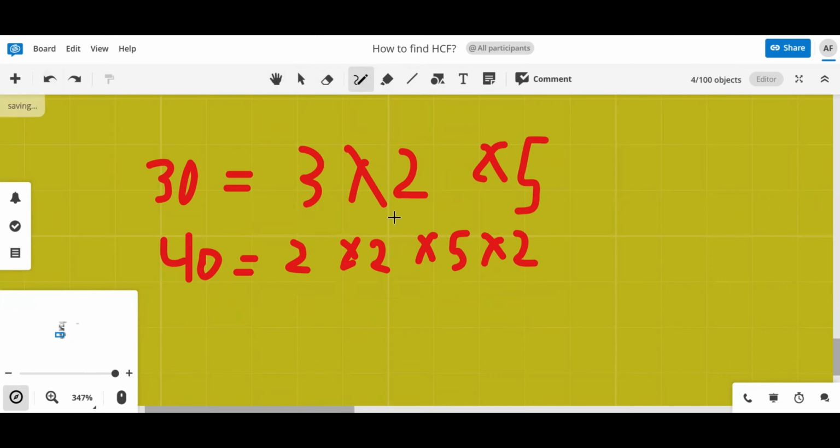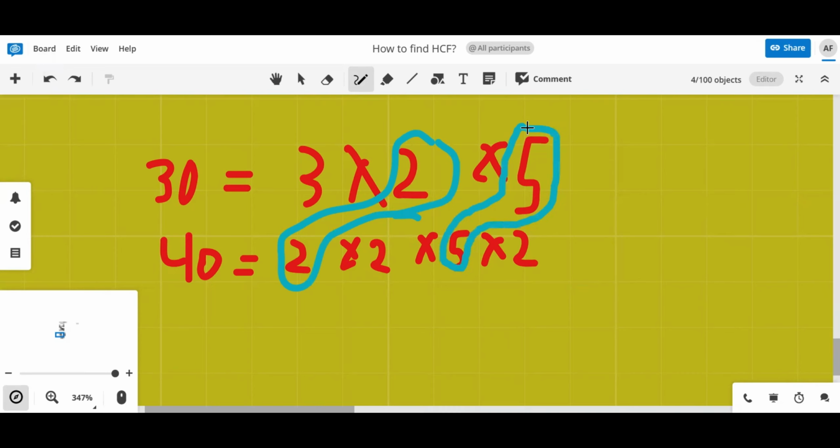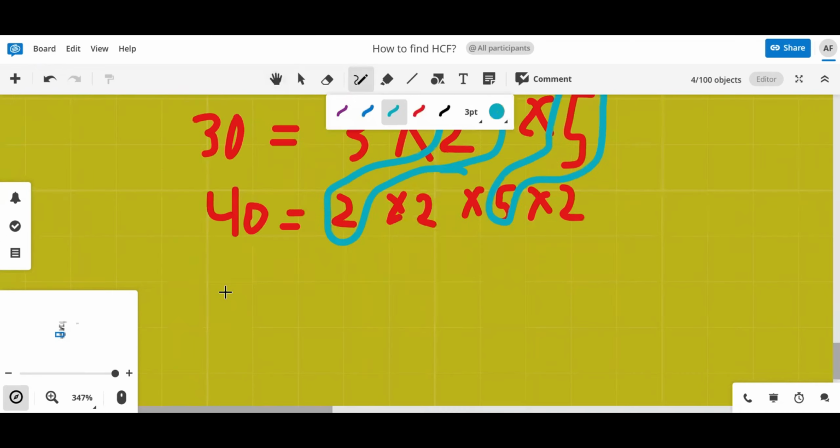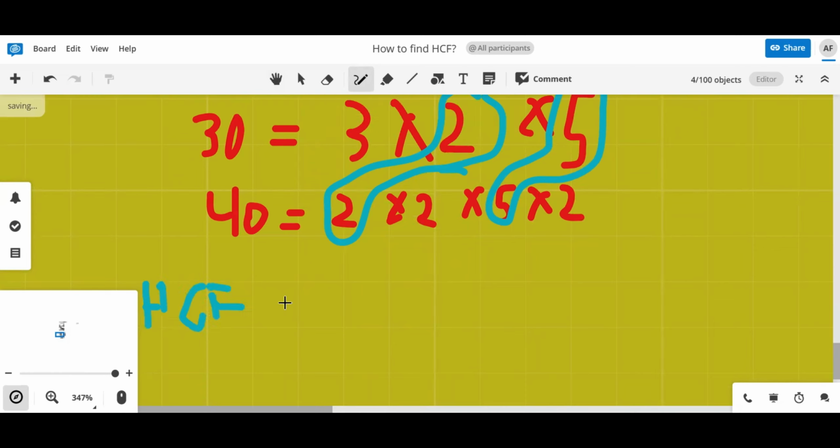No, there is no 3. We have 2. Is there any 2? Yes, this 2. 2 is common. Next we have 5. Is there any 5? Yes, this 5 goes with this one. Remember one thing, a common number is always written just one time. So the HCF is 2 times 5.